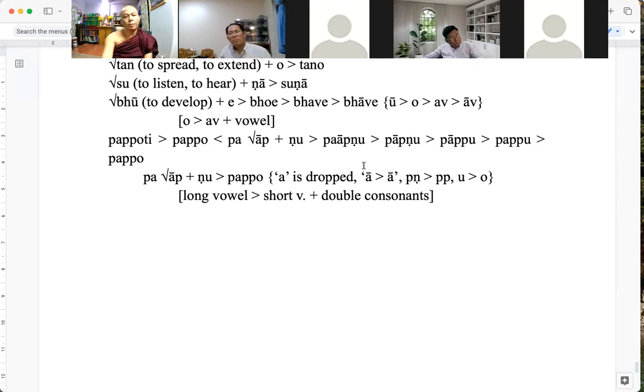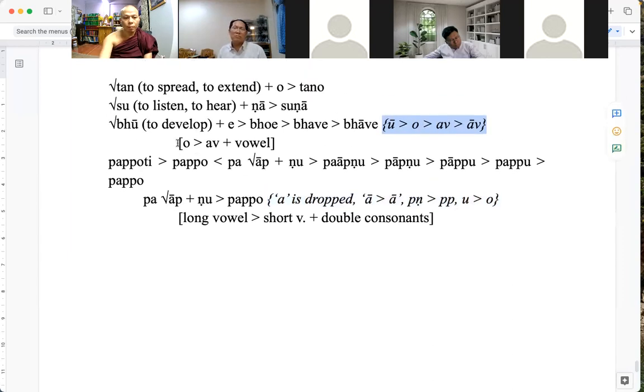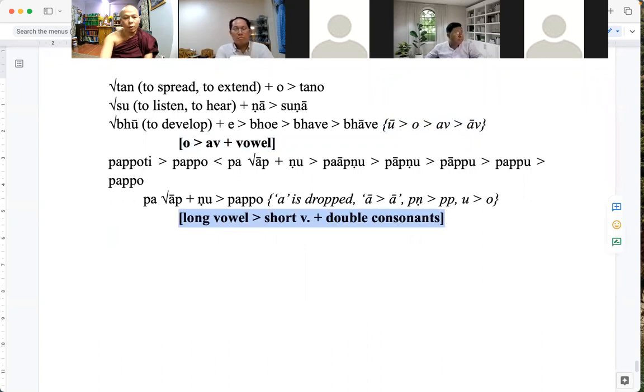So in this way, step by step, we need to understand. Okay, now from the bubo, we have the bubo base, and that is derived from the base root bu and the nu sign. So in this way, step by step.